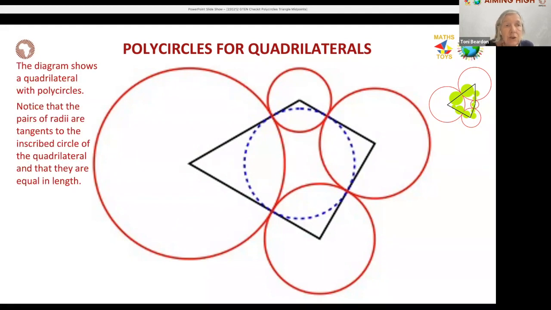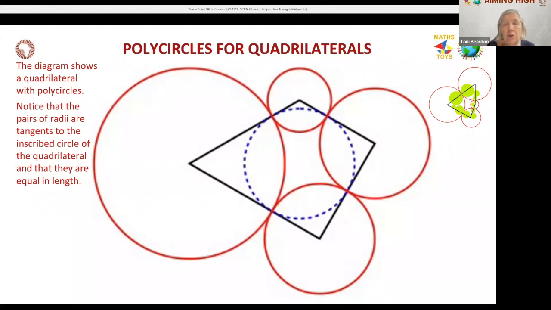And notice that the pairs of radii are tangents to that inscribed circle of the quadrilateral. So from each of the centers of the big red circles, you draw 2 radii that are just tangent to the blue dotted circle.